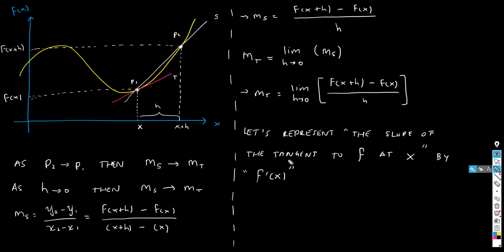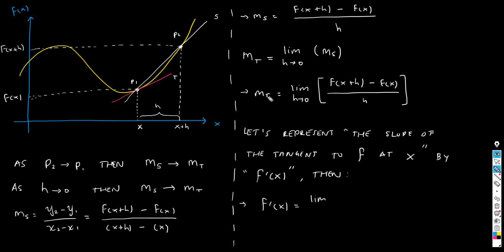So if I do this representation of this phrase by this symbol, then basically I can look at this equation and do the following. Then the slope of the tangent to the function f at x will be equal to the same thing, right?